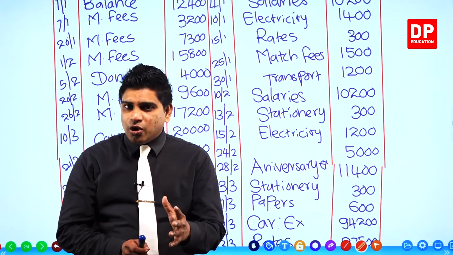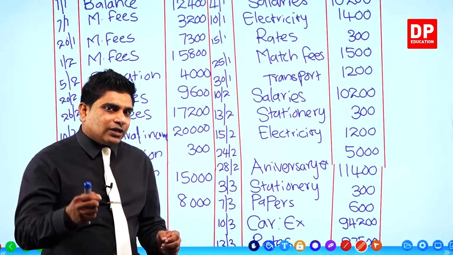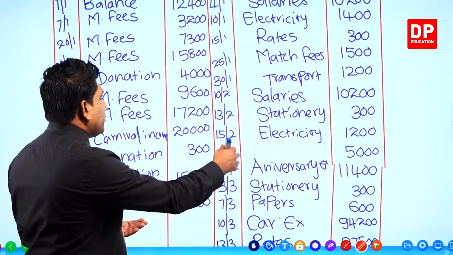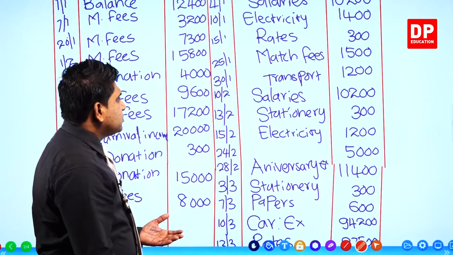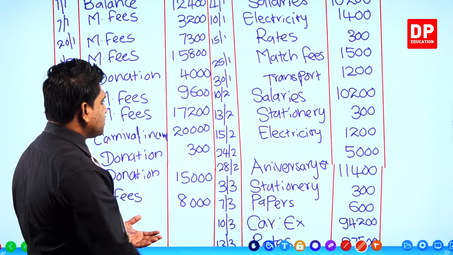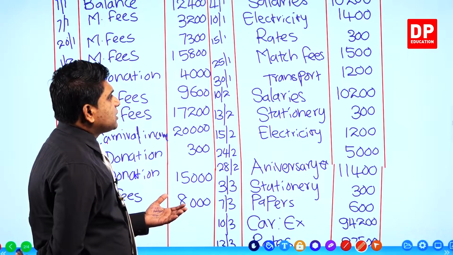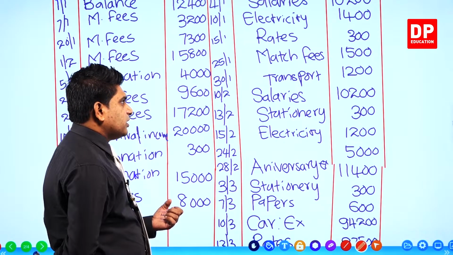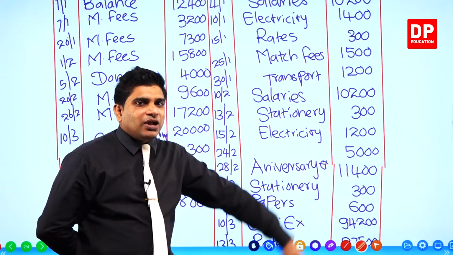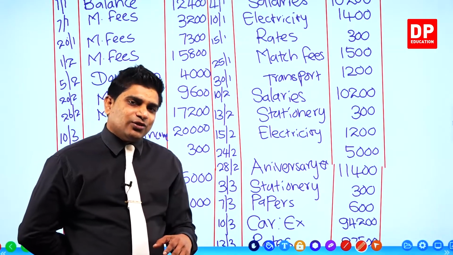So in this question, you calculate all the payments you have done according to the given details: 214,600 you have paid. But my darling students, the debit side is less than that value.